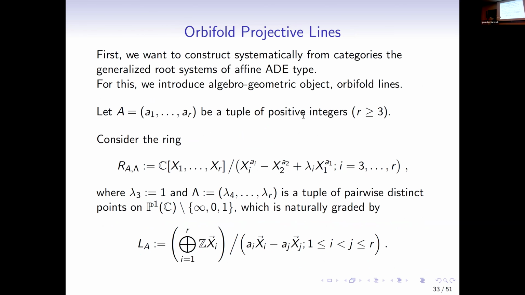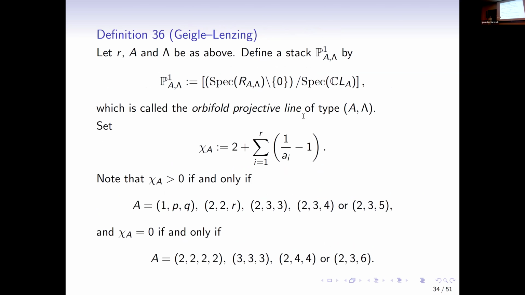In order to state a general result, I briefly recall this construction. Consider A, a triple of positive integers, which are the orders of the isotropy at R, and consider this quotient ring. On this, we have a natural grading.